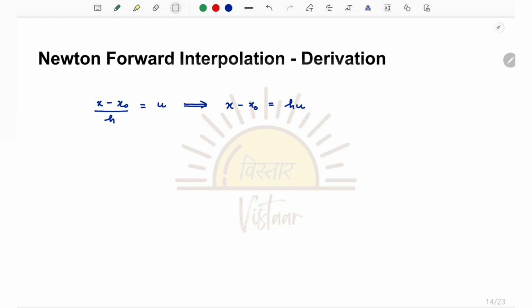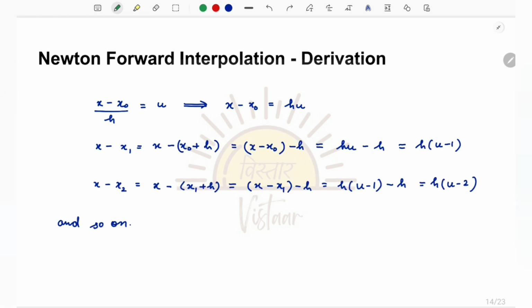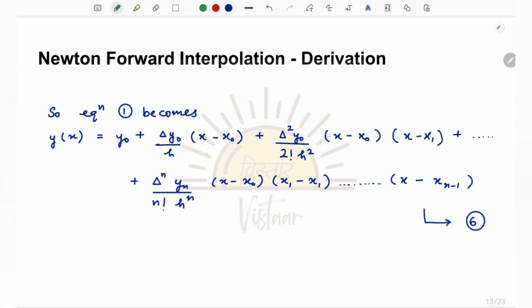So from (x minus x0) by h is equal to u, you can get x minus x0 is equal to h times u. Similarly, you can calculate for x minus x1 and x minus x2 and so on. Putting these values in equation number 6, that means we have to put the values here.